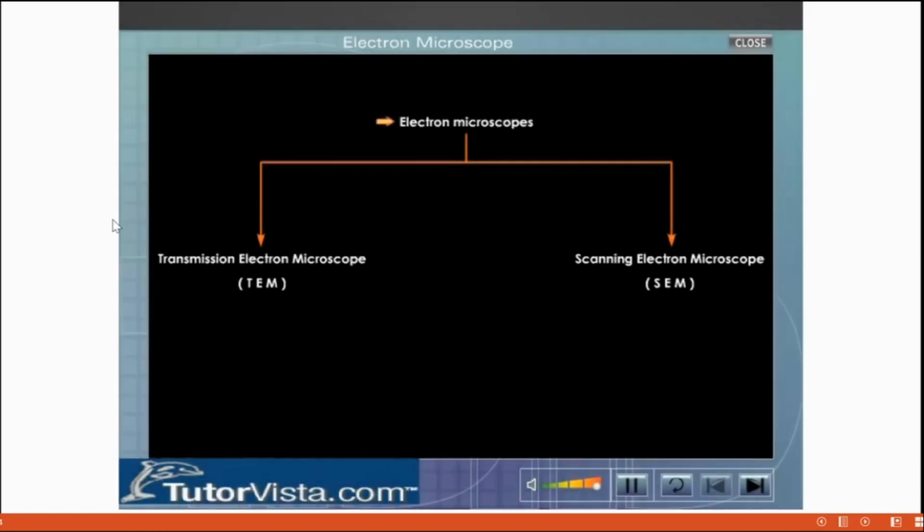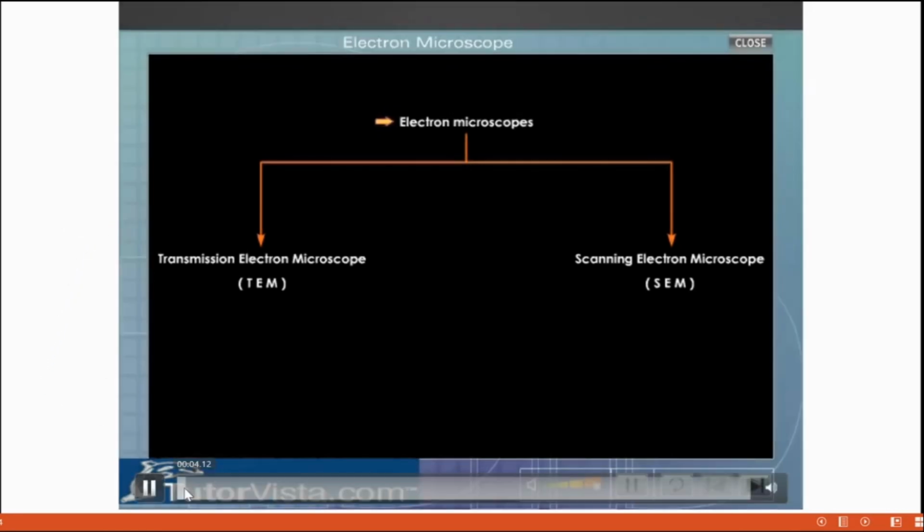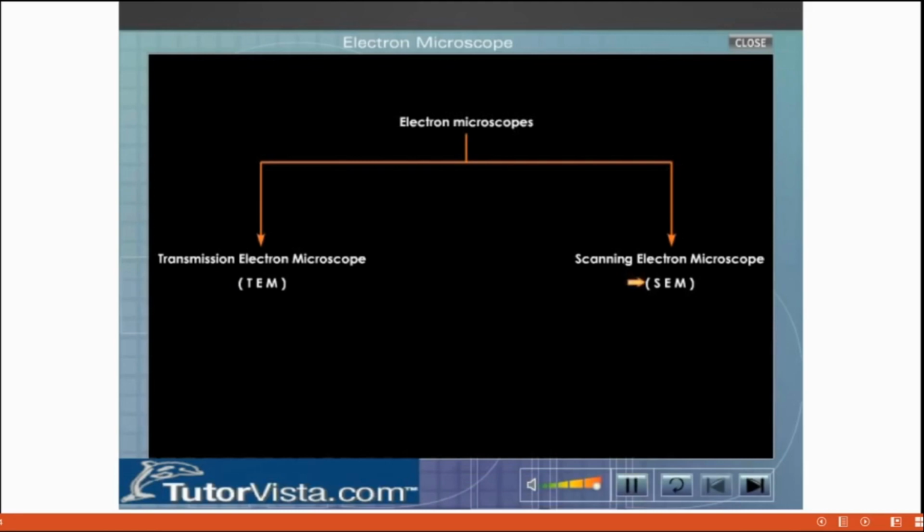The electron microscopes are of two types, namely transmission electron microscope (TEM) and scanning electron microscope (SEM).